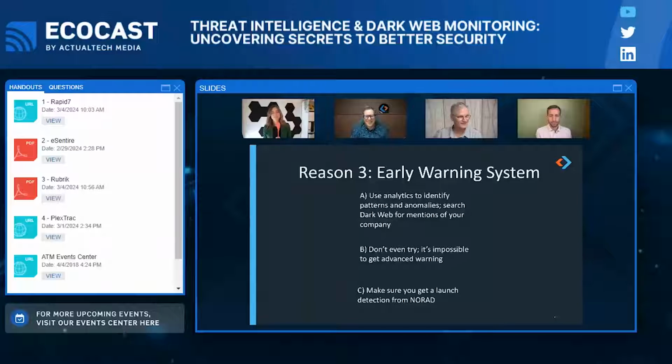What do you think? Well, I think we could rule out getting a launch detection from NORAD. Most security issues don't start with a nuclear strike, and even so, there's not much we can do about those. So, I'm going to go with A here. Use analytics to identify patterns and anomalies. Search the dark web for mentions of your company. I mean, this is great advice. Analytics.